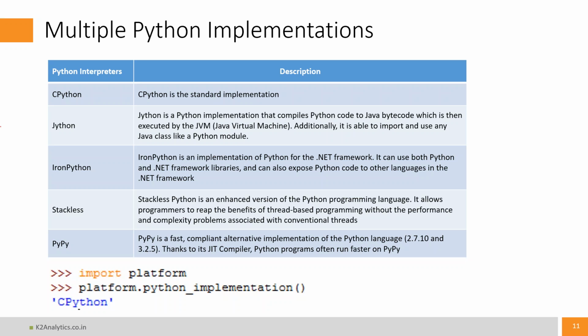For example, it says PyPy is a fast, compliant alternative implementation of the Python language, and thanks to its JIT compiler, just in time compiler, Python programs often run faster on PyPy. So that is a later stage.